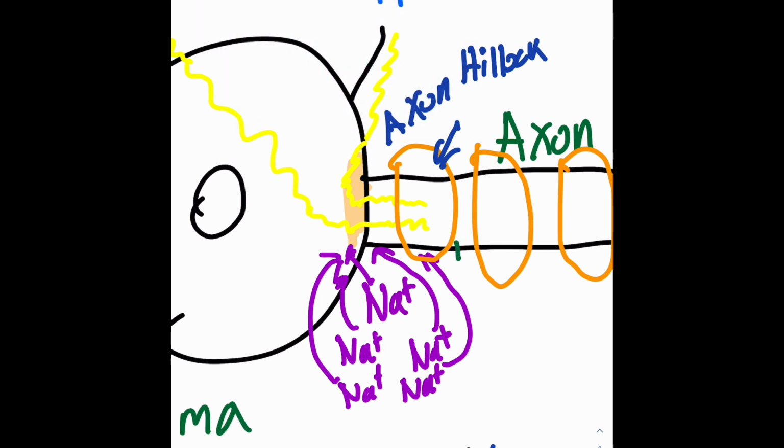These gaps are called nodes of Ranvier. Let's go ahead and write that down. Nodes of Ranvier, where there's a lot of sodium channels.